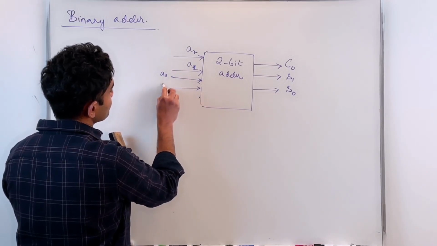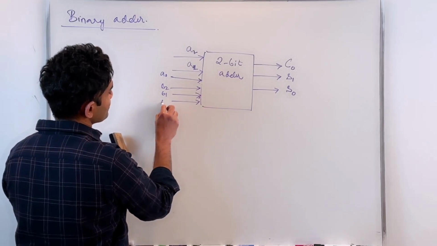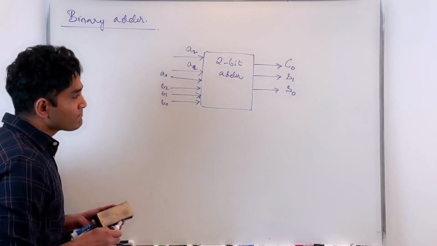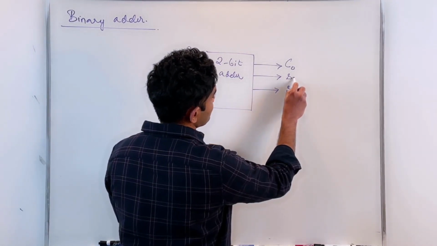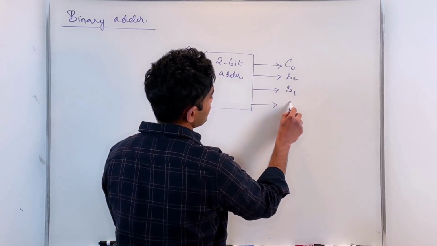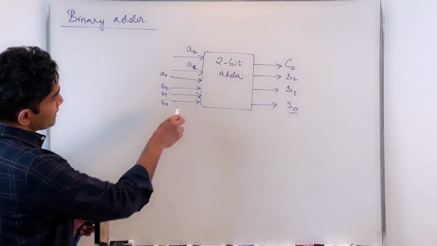Then I have B2, B1, B0. And you can guess that this will be S2, S1, S0. I have 4 outputs, manageable, but I have 6 inputs.